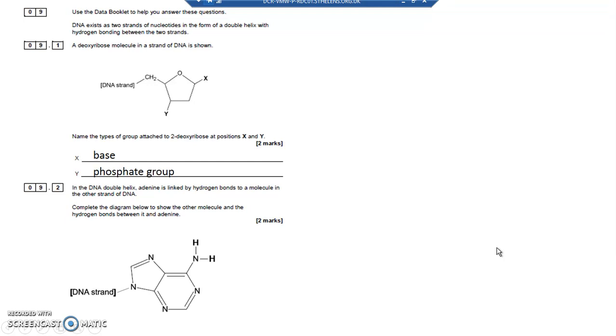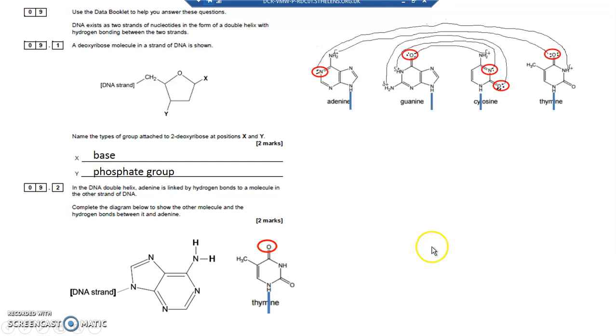So what I would tend to do is draw a thymine here, with my data book alongside. I know my NH2 on the adenine bonds to an O with lone pairs of electrons. I draw the lone pairs, and the NH2 on the adenine and the O on the thymine are going to bond.